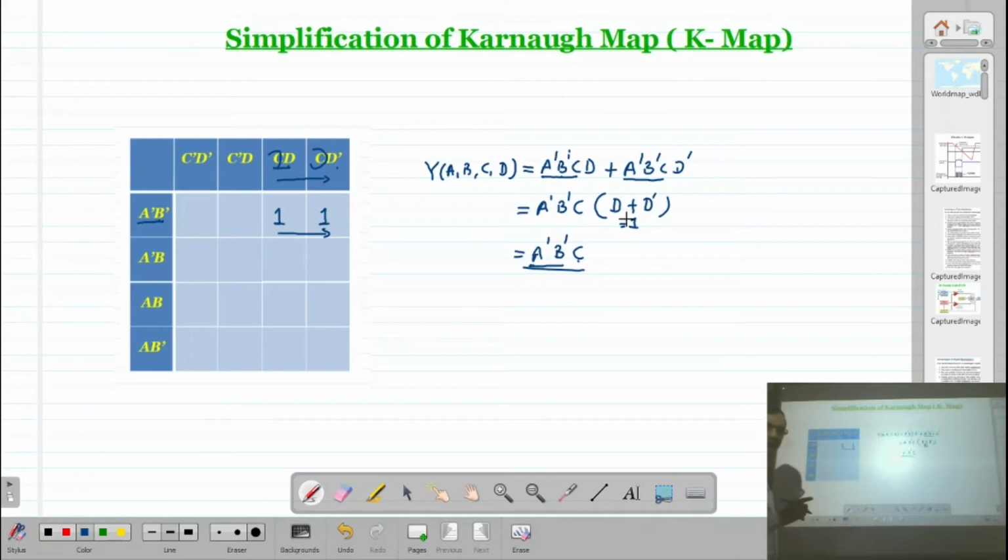So here we can say that whenever you are moving from left to right or from top to bottom, then whatever variable is going to be complemented or uncomplemented, that variable is going to be eliminated. Here we have 2 high levels in adjacent cells. Then this is known as a pair.